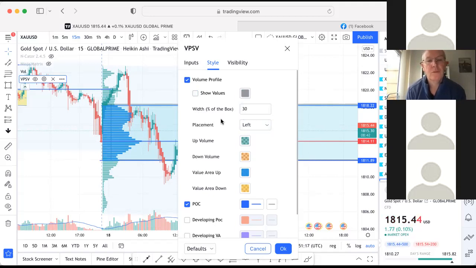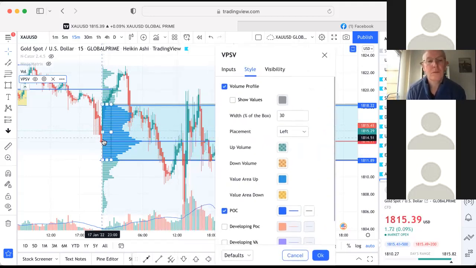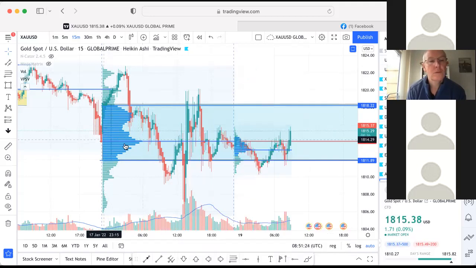Width of the box. That refers to the width of the profile in relation to the full day.